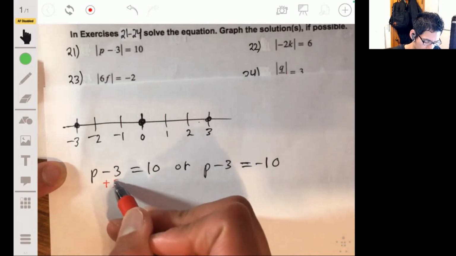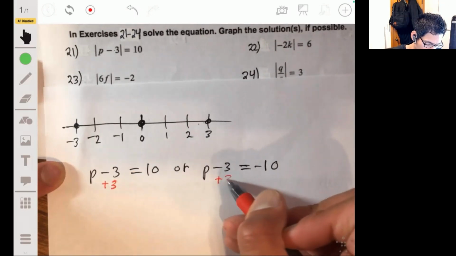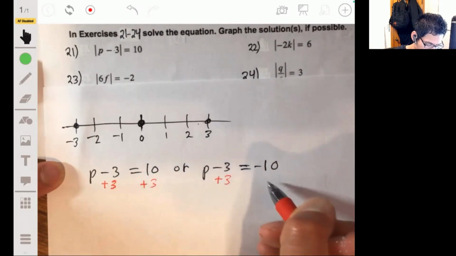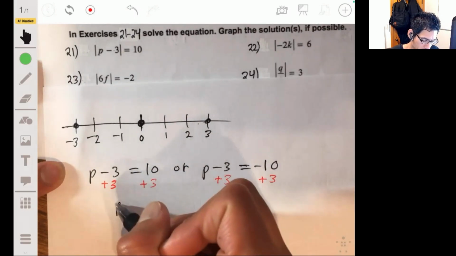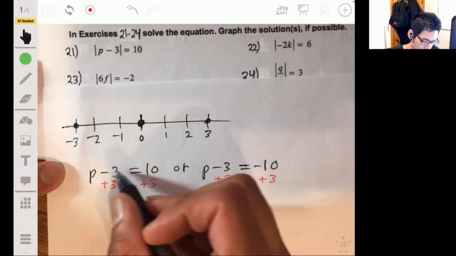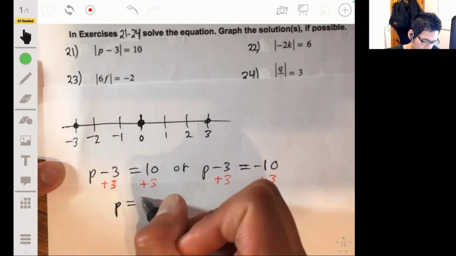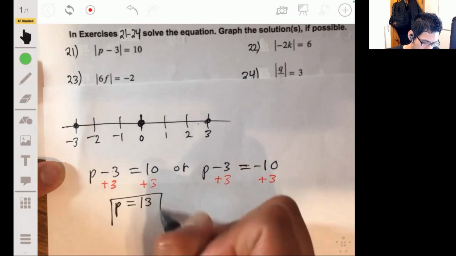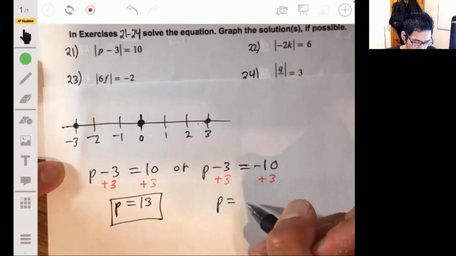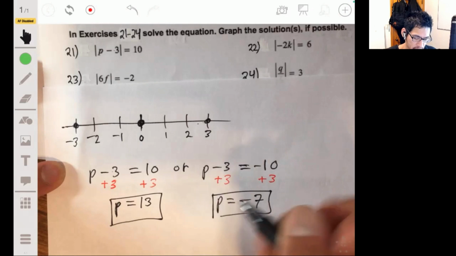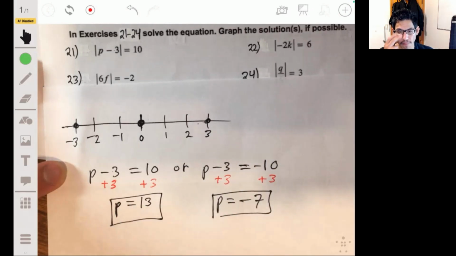Add 3, add 3. This is kind of weird, but just kind of getting at a point. Your solutions are going to be p equals 13 and p equals negative 7. It's negative 10 plus 3, negative 7.